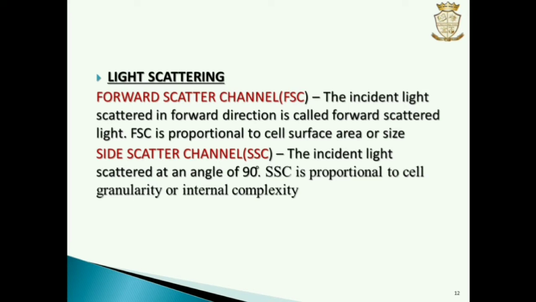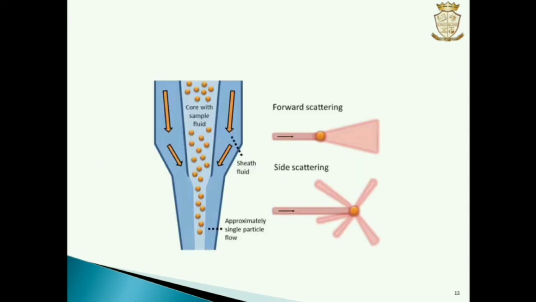FSC is proportional to cell surface area or size. Side scatter channel, the incident light scattered at an angle of 90 degree. SSC is proportional to cell granularity or internal complexity. In this diagram, we can see forward scattering and side scattering.